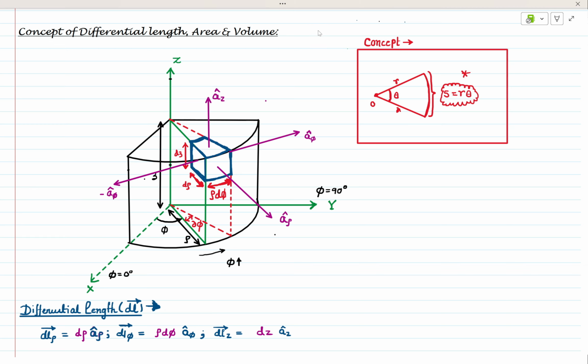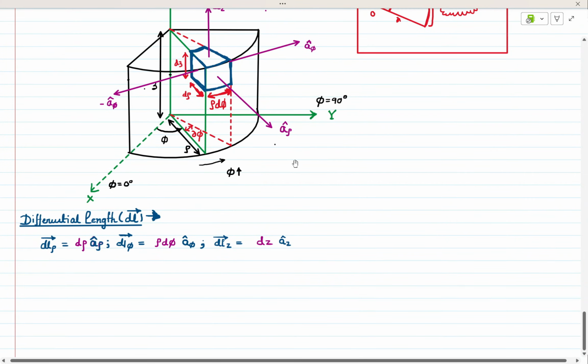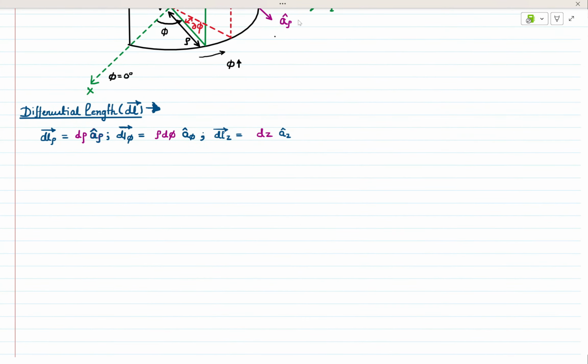Now if I consider the total differential length, what will it be? The total differential length will be the summation of all those three, right? So the total differential length is differential length in the direction of rho plus differential length in the direction of phi plus differential length in the direction of z.